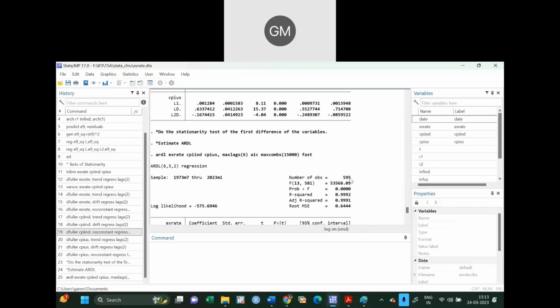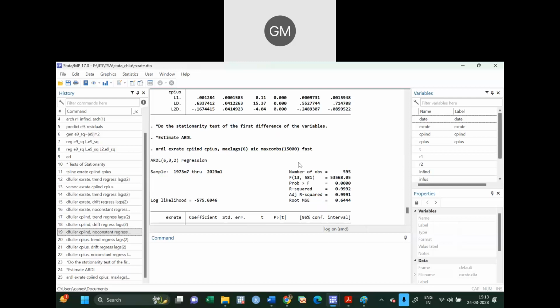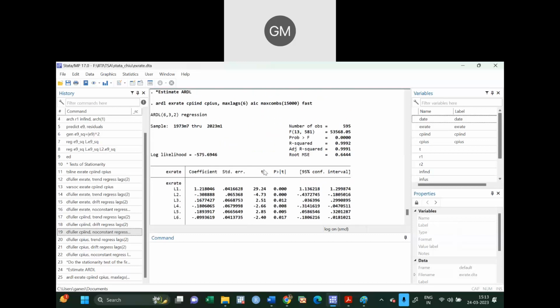Okay, so this command, the maxcomp AIC option that you're giving on the right hand side, means you are allowing Stata to decide for you what the lags are. Stata is going to tell you what lags you should consider while estimating the ARDL equation.